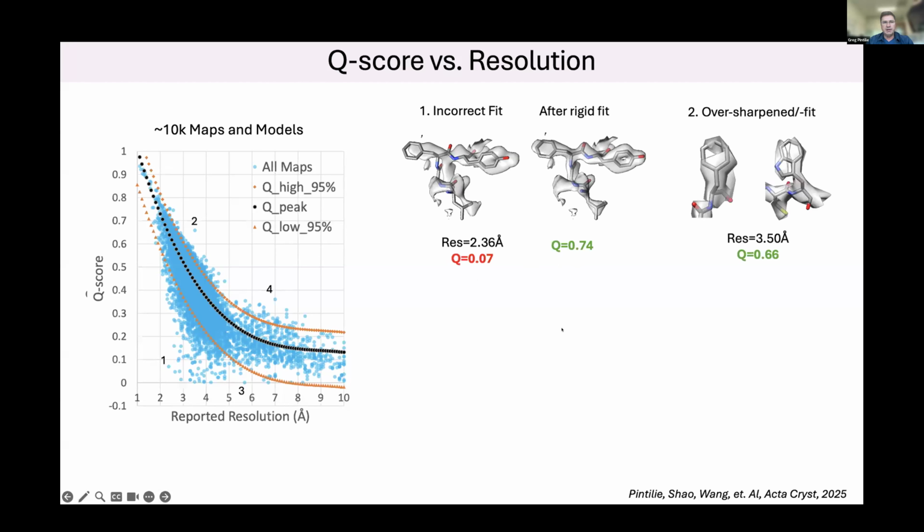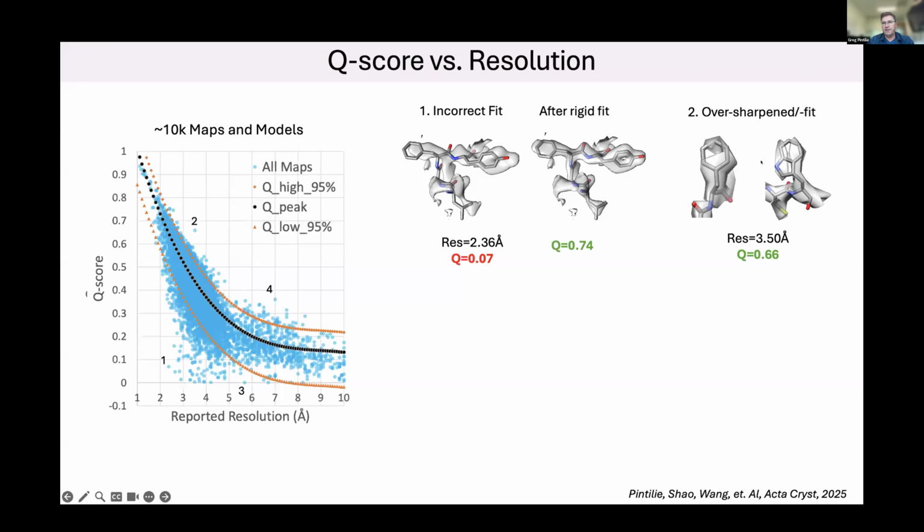The case of number 2 was also interesting because this had a higher Q-score than you might expect to see at this resolution. And in this case, if you look at the map, it looks noisy and kind of broken up. So this looks like the map was likely over-sharpened.